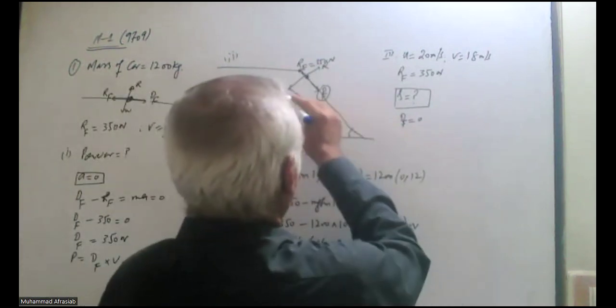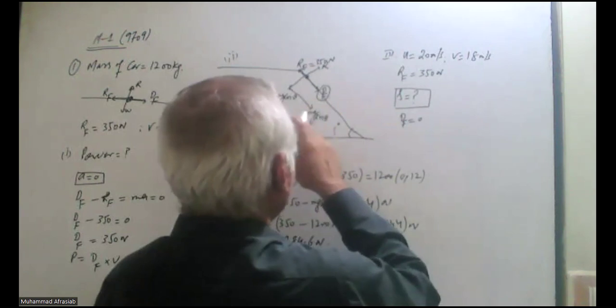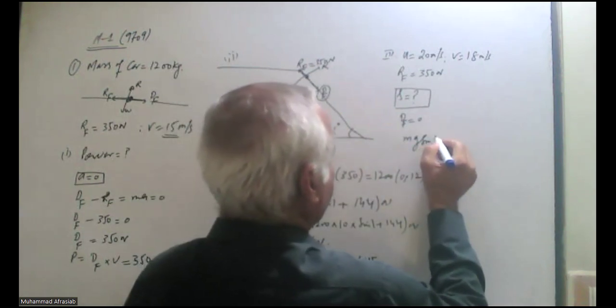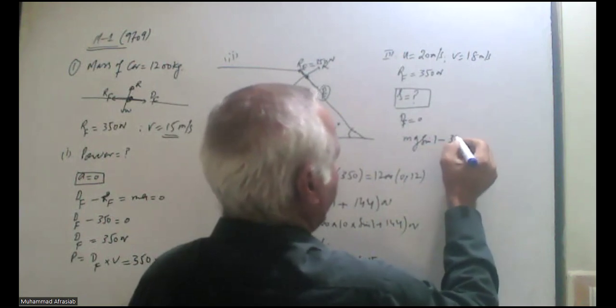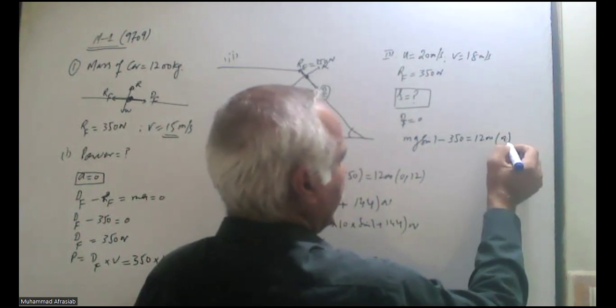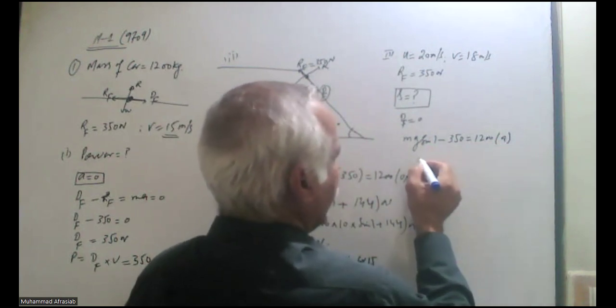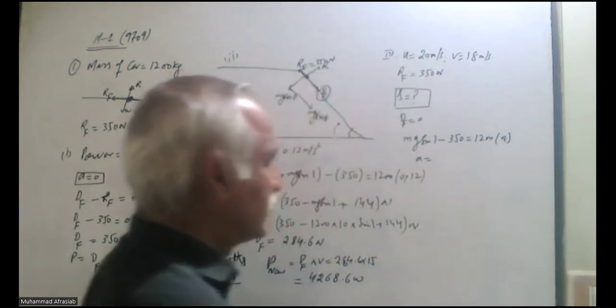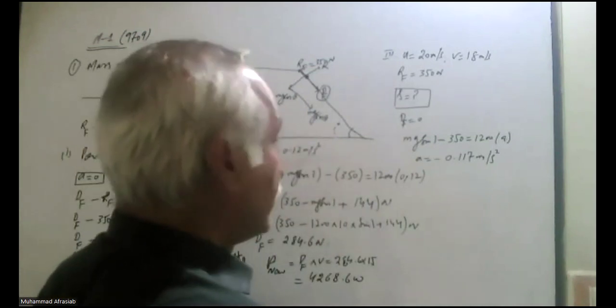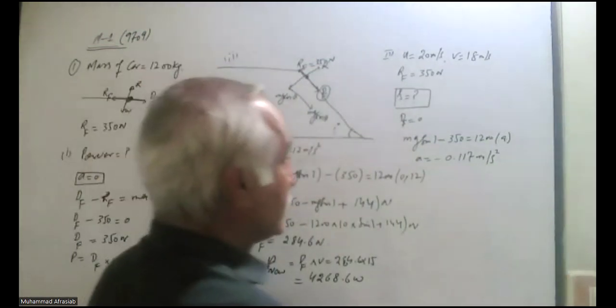Now, the component which is responsible for its downward motion is mg sine of 1 minus 350, equal to mass 1200 into acceleration a. So that value of a we can calculate as 0.117 meter per second squared.